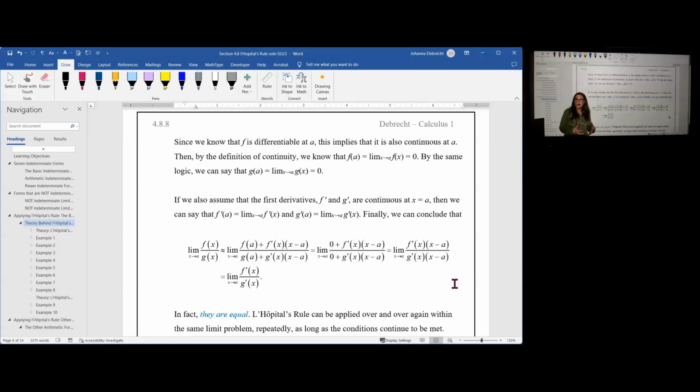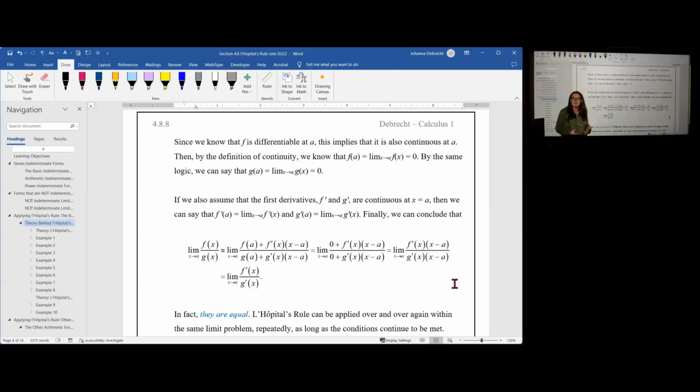Now, we are not applying the quotient rule. We're saying because the function is differentiable at A, we can approximate the values with the tangent lines near A. And the ratio of f of x to g of x must be approximately the same as the ratio of the derivative of f to the derivative of g.